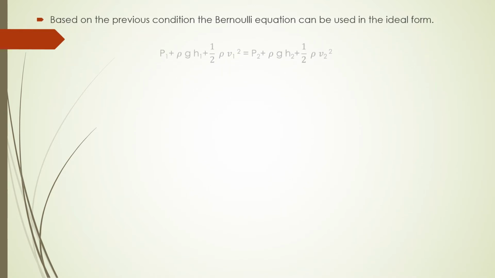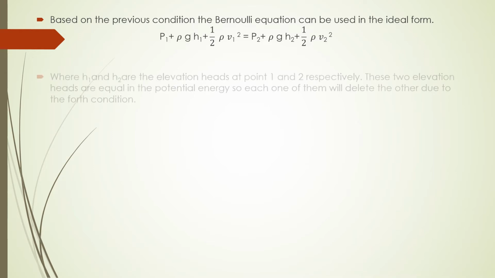Okay guys, based on the previous conditions, the Bernoulli equation can be used in the ideal form. The pressure P1 plus rho g h1, which is the potential energy, plus half rho v1 square, where v is the velocity and this is the kinetic energy, equals P2 plus rho g h2 plus half rho v2 square.